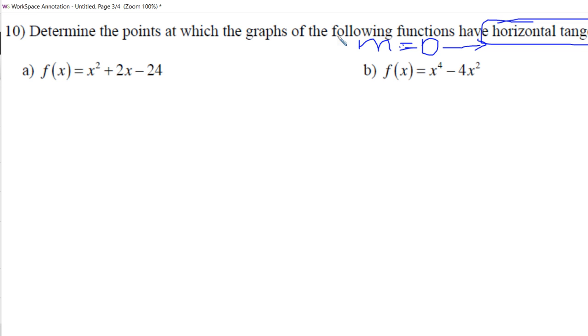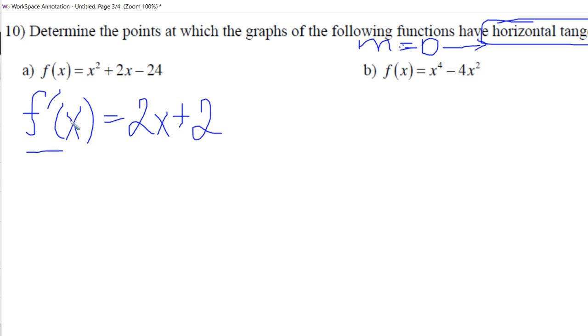We know that the derivative gives you the slope of a tangent line at every point. So we first need to find the derivative. This is 2x plus 2. This gives us the slope at every point.